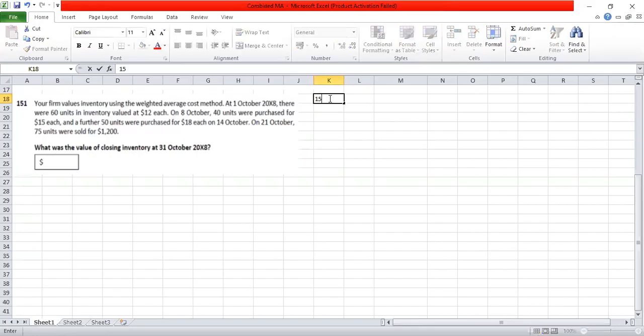If a stores ledger account has to be prepared, we would have a date column, then the transaction details should be there.